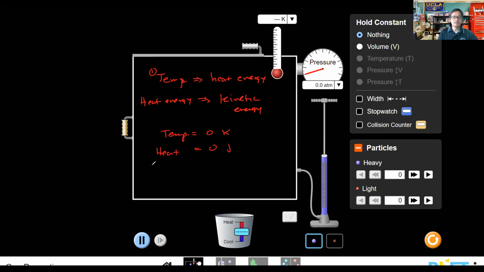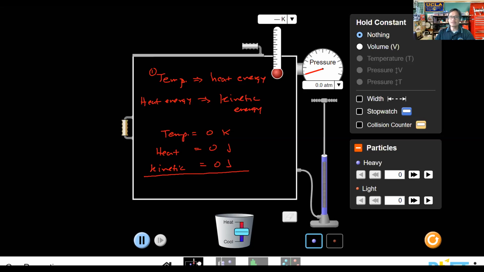And so therefore the kinetic energy is also 0. So there's no motion in here, which goes back to what we were saying about pressure. You need motion to have pressure, but you need motion also to have temperature. So the fact that the gas particles have to move is fairly important for us.